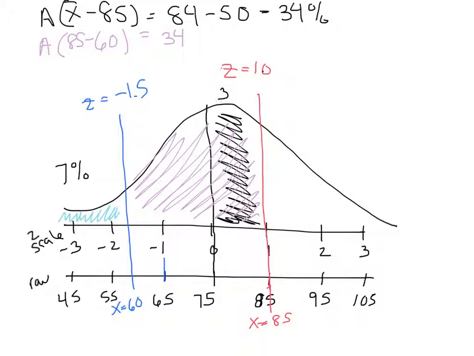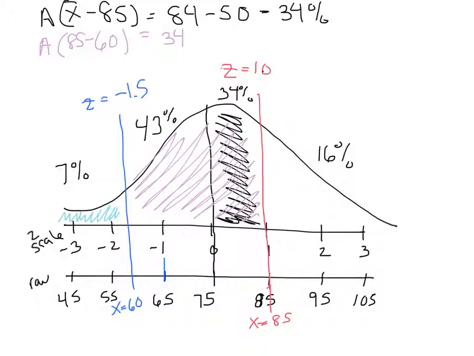We know that this area is 34%. We know that this has to be 16% because 34 plus 16 gives us 50. And this area has to be the remaining amount, which would give us 43%.